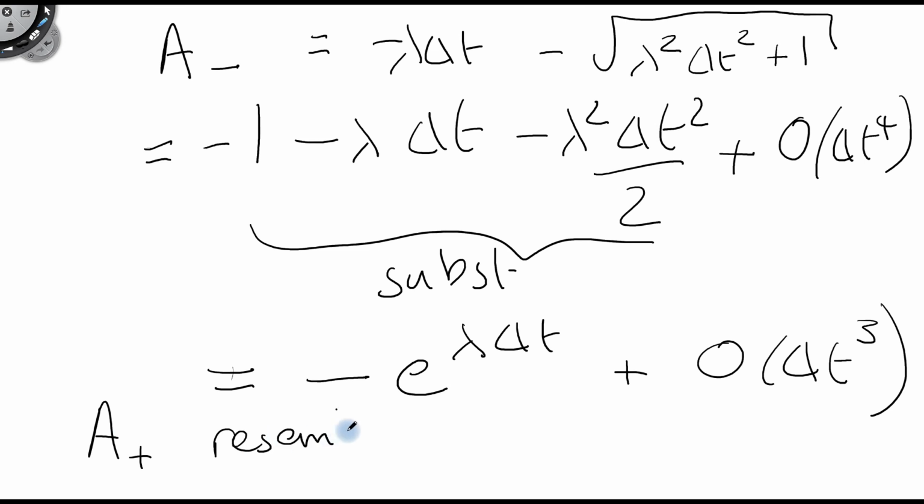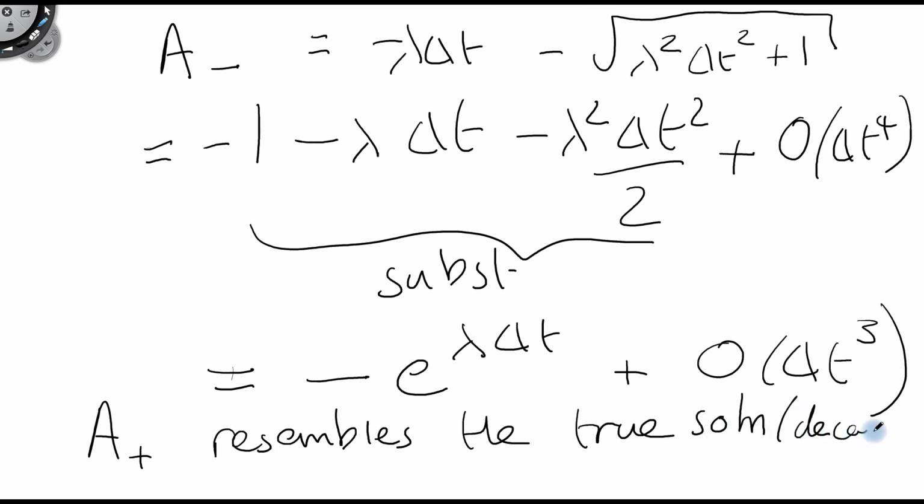So the key thing is the a plus resembles the decaying mode, resembles the true solution, it decays, but a minus grows.